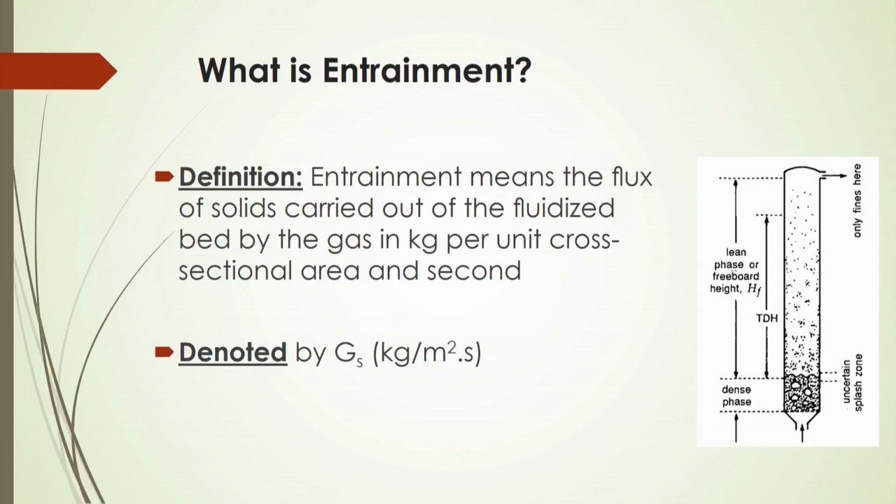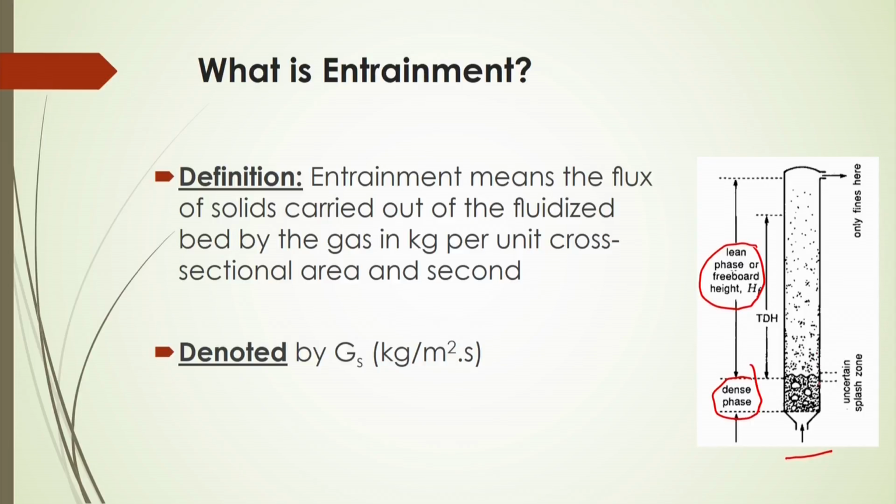It is generally denoted by the symbol G S, S for solid and G for flux, that is the flux of solids carried out by the gas. Now, see this picture here, the fluidized bed. We have already discussed that there are two regions, one is the dense region and another is the lean region.